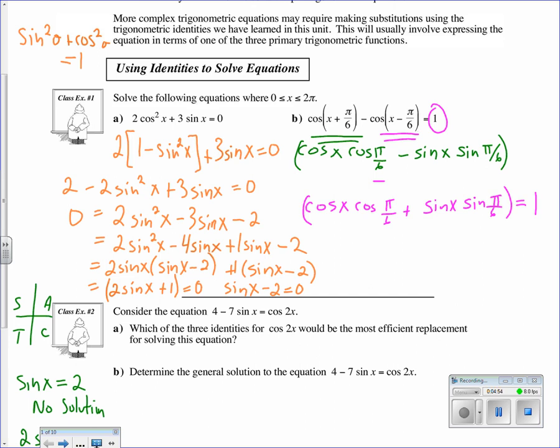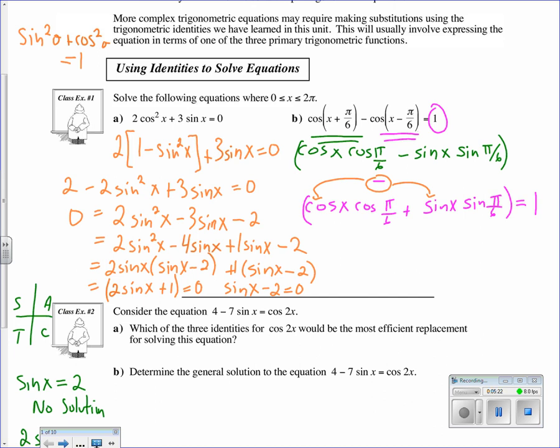Well, what happens when that minus sign moves in? When that minus sign moves in, I'm going to get some signs that change. So it changes the sign there, and it changes the sign there. And I'll have cosine x times cosine pi over 6 minus cosine x cosine pi over 6.